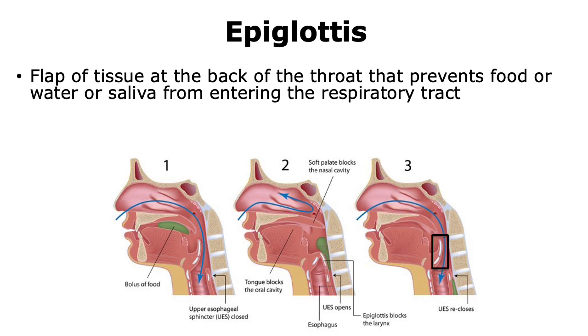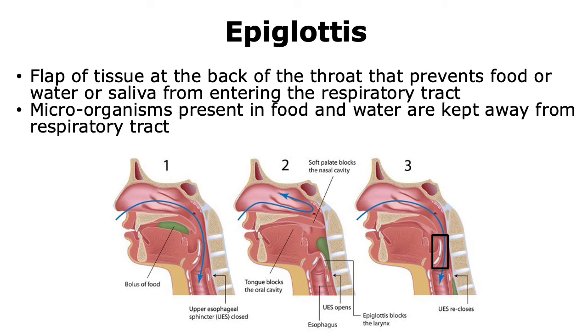Once that swallowing motion is complete, it opens up the respiratory tract again, and air can now enter the respiratory tract. So this way, the epiglottis prevents food or water or saliva from entering the respiratory tract. It's important that they not enter because a lot of times they will have microorganisms, and this way we're keeping the microorganisms away from the respiratory tract.